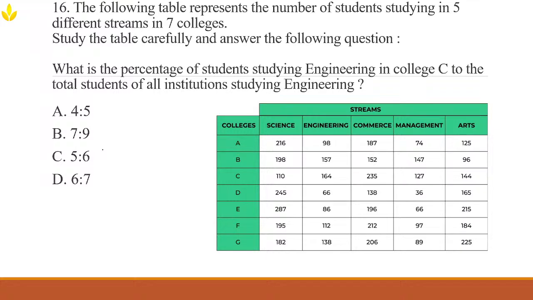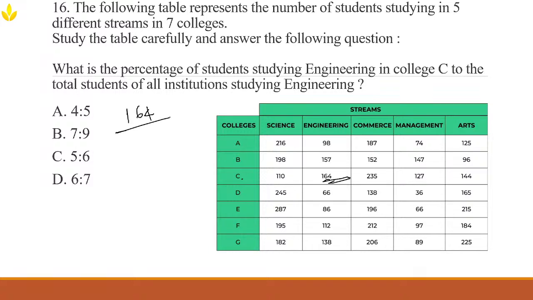The student is studying engineering. The college names are given here. So that student who is studying engineering in the college C to the total number of students studying engineering in all the colleges. So that means the student studying engineering in C is nothing but 164.